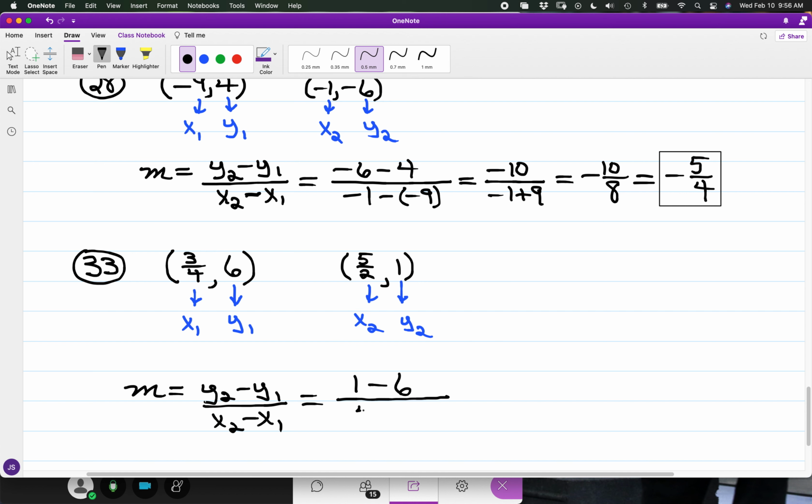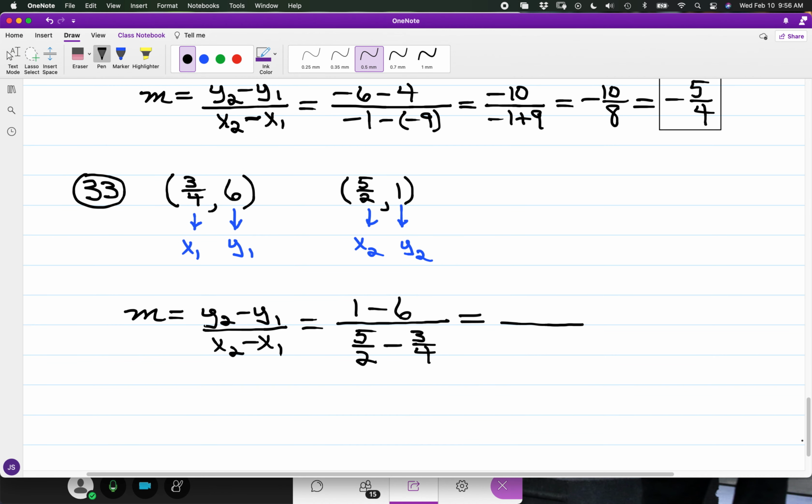For x2, we have 5/2 minus x1, so we have the subtraction of 3/4. So we have a bit of a complex fraction here. Not as in complex numbers, but a ratio where we have at least a fraction in the numerator or denominator. And here we have 1 minus 6 is -5.